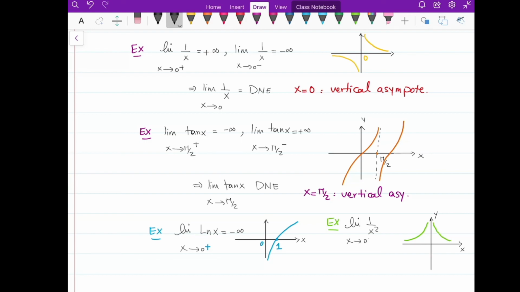So from the right and from the left, both of them are going to be positive infinity. Okay, so we have a vertical asymptote here at x equals 0, the y-axis, and we have a vertical asymptote at the y-axis, which is x equals 0, for ln of x as well in here.